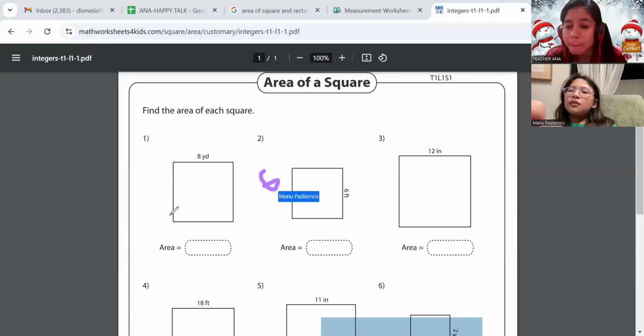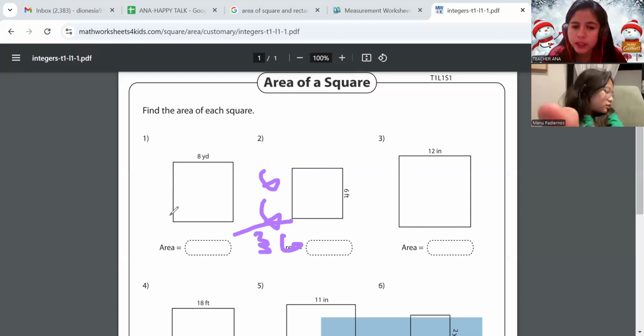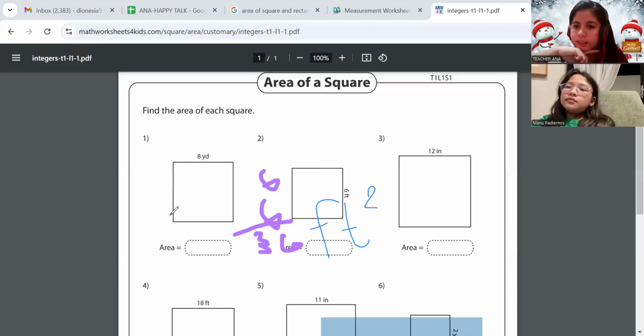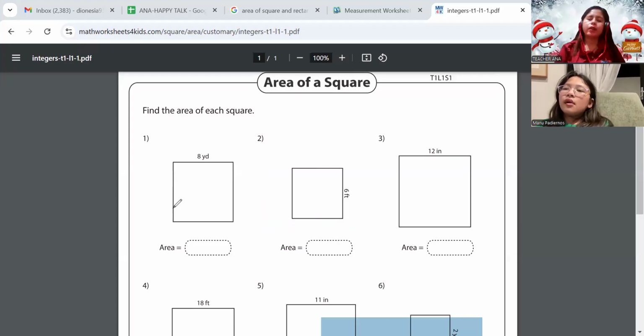What's your answer? 36. Okay, 36. What's the label? Feet. Feet, and then squared, like that. Okay, number 3. Do it for me. What's your answer? Yes, very good.